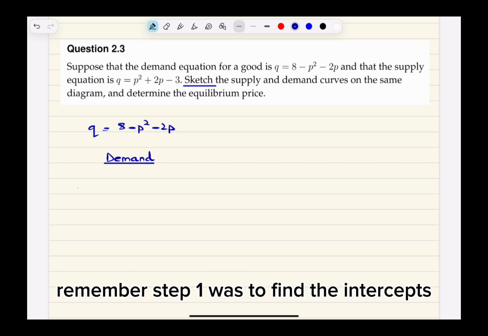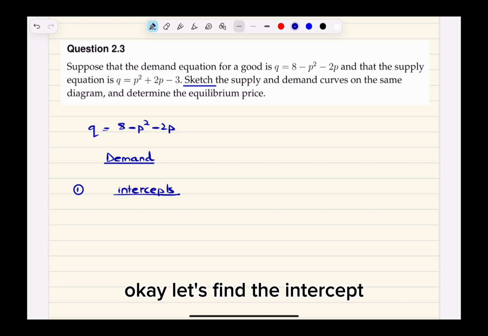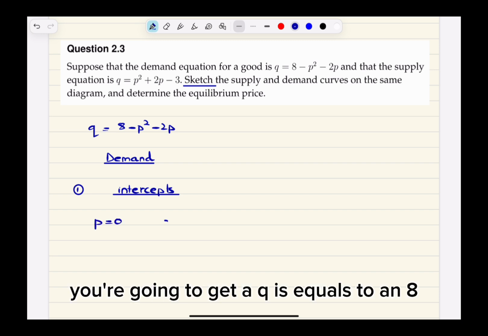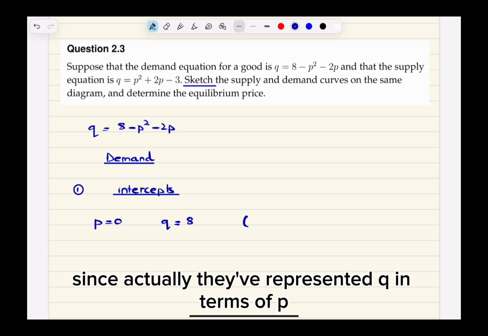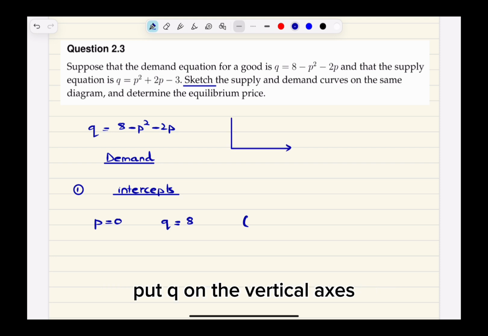Okay, so let's draw the demand function first. Remember, step 1 was to find the intercepts. When you take p equal to 0, you're going to get q equal to 8. Since they've represented q in terms of p, it's an indication to put q on the vertical axis and p on the horizontal axis.